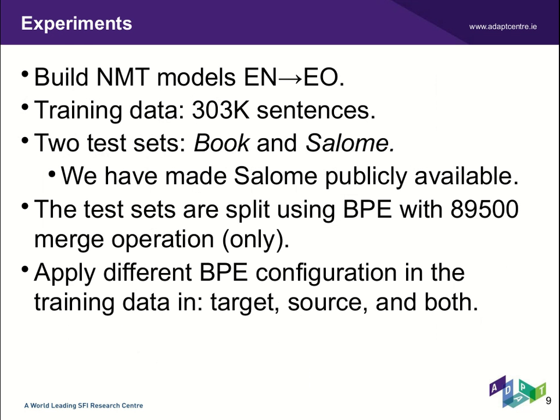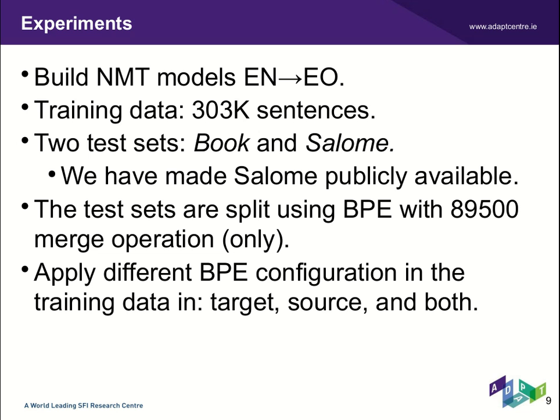So the experiments will be as follows. We are going to build a neural machine translation model from English into Esperanto. We are going to follow the transformer approach. As training data, we have 303,000 sentences, which is not that much. And for testing the models, we are going to use two test sets.